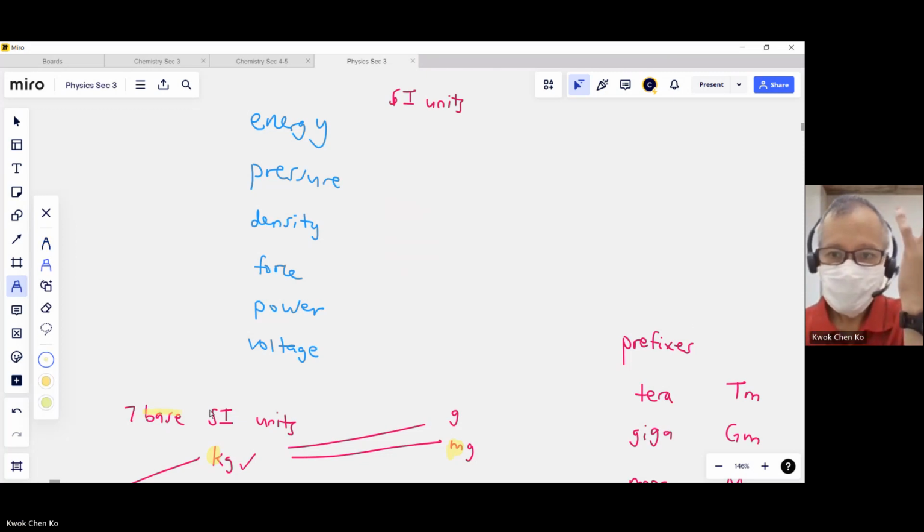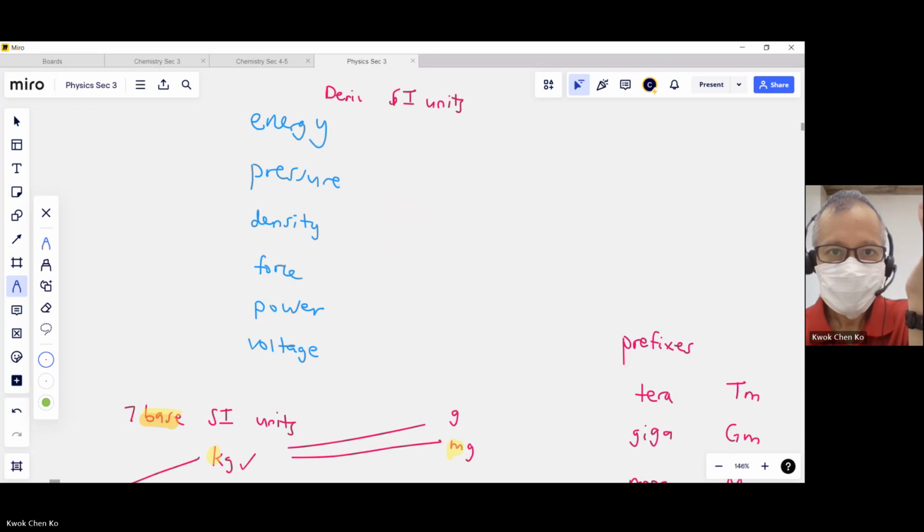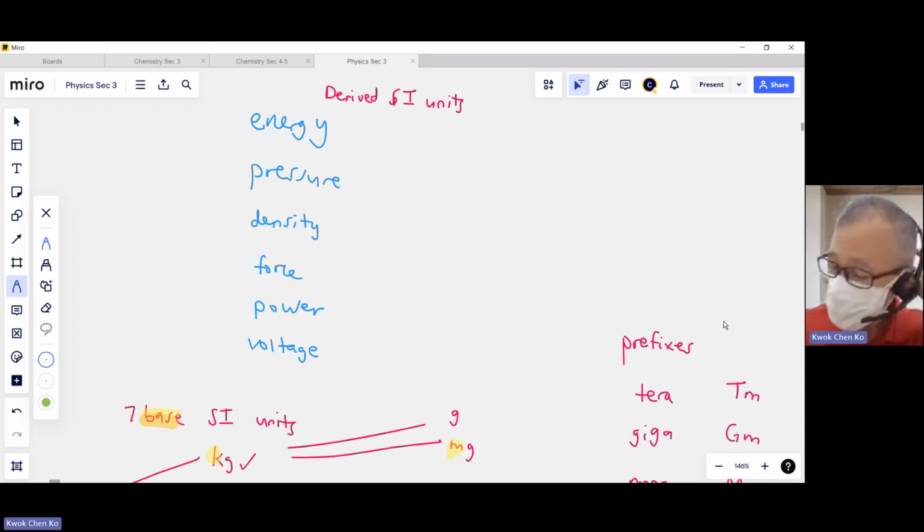However, earlier on we mentioned what we call base SI units. So the SI units over here are not exactly base. We call them derived units. Though secondary school hardly asks about this term called derived.